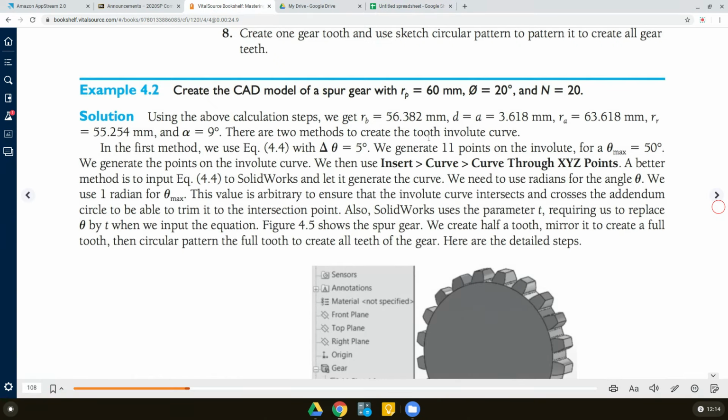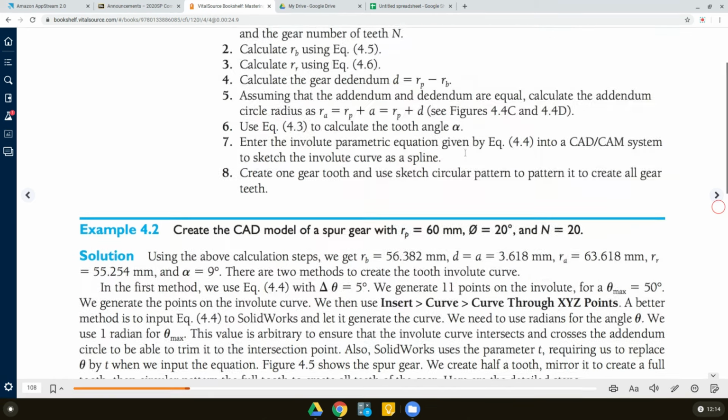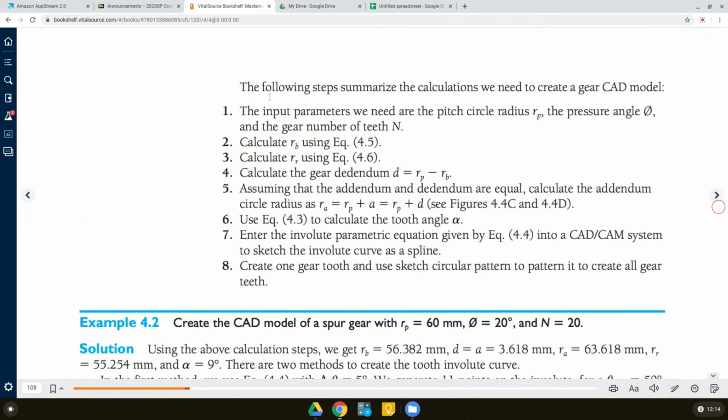The steps to design a spur gear based on this information are given right here. The following steps summarize the calculations we need to create a gear model. Step number one, the input parameters we need are the pitch circle radius, which is 60 millimeters, the pressure angle phi, 20 degrees, and the gear number of teeth N, 20.